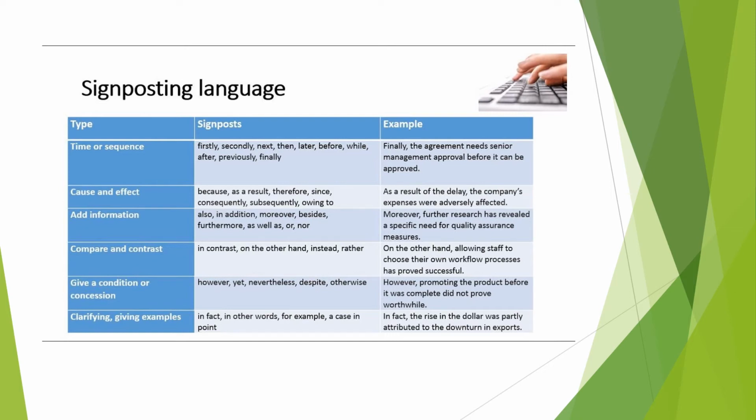Okay, if you want to add information, you can use words like also, in addition, moreover, besides, furthermore, as well as, or, and, nor. And the example given: moreover, further research has revealed a specific need for quality assurance measures.